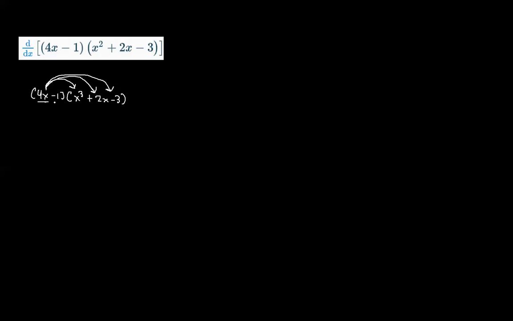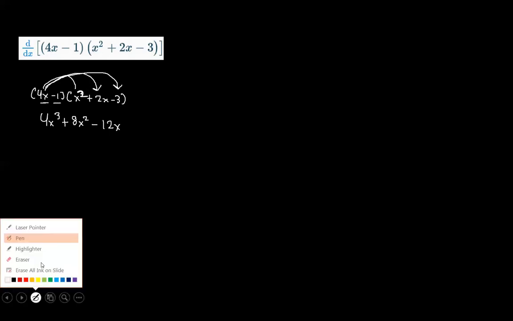Then we're going to do the same thing for the next term, distributing it to the terms of the other polynomial. After that, we're going to combine similar terms. We're going to take it slow so that you will understand. So basically distribution, then combining of similar terms.